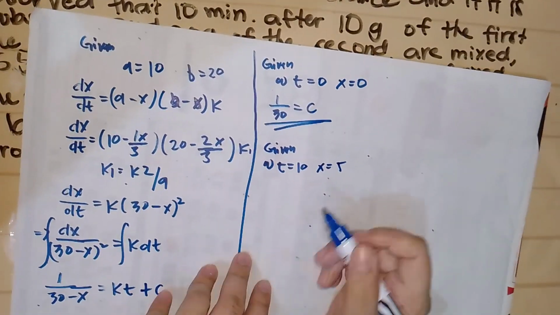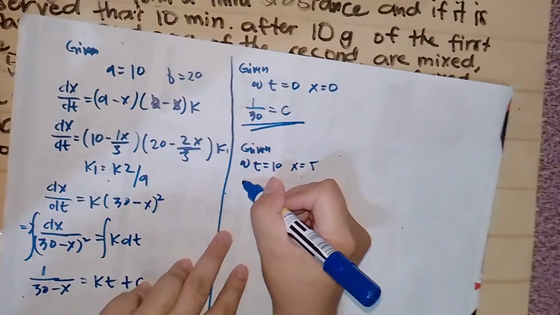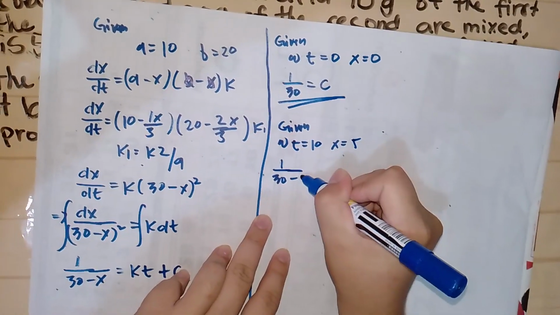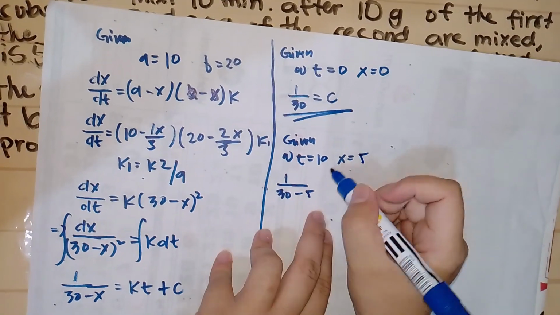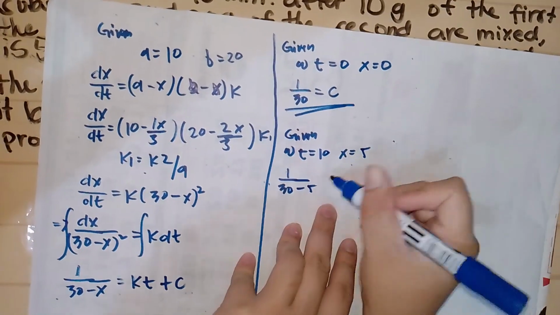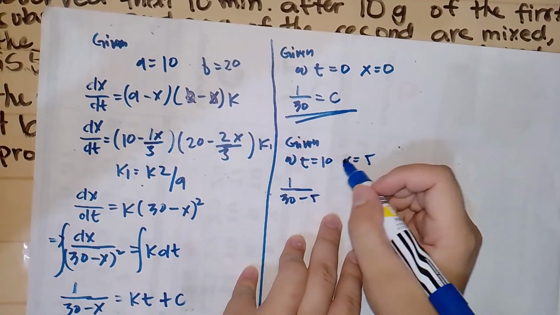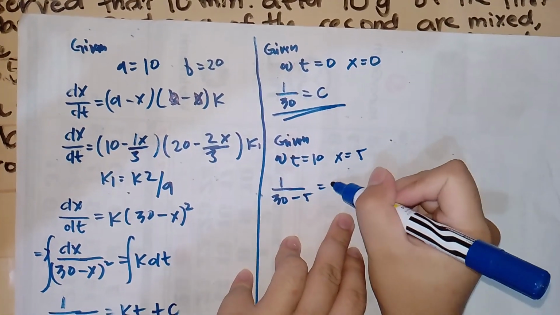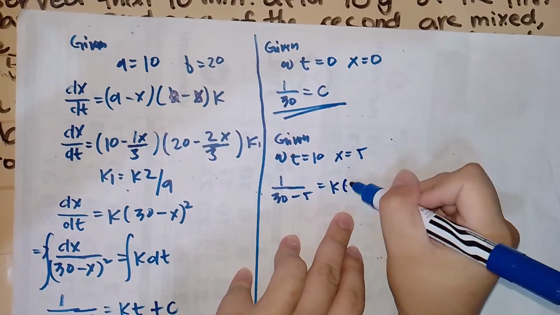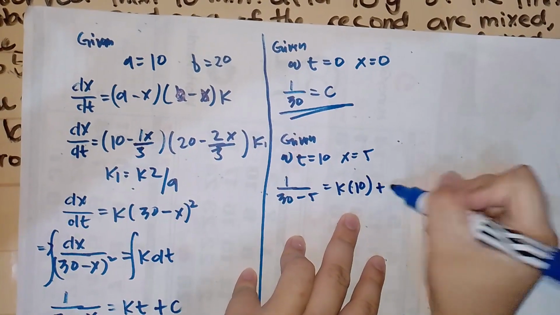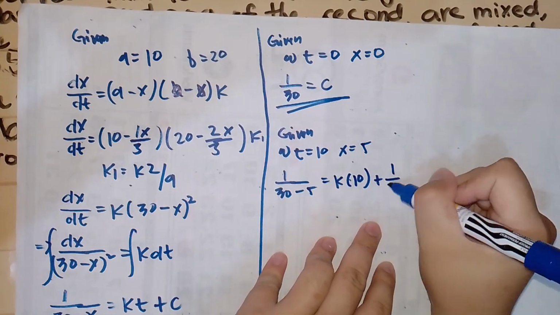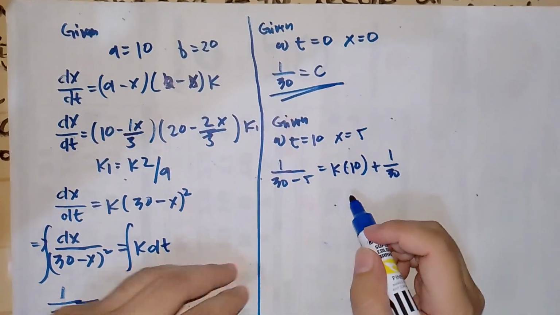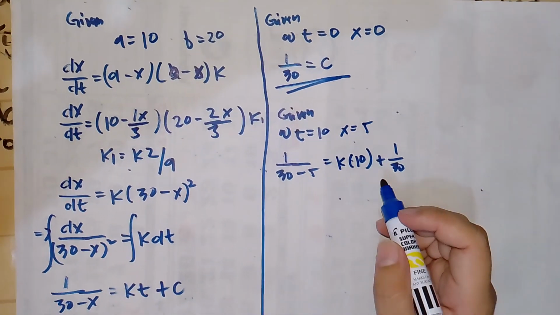We have 1 over 30 minus 5, which is the value of x given the time t is equal to 10, is equal to k times the time t, plus the value of c, which is 1 over 30. Next is to simplify to get the value of k.